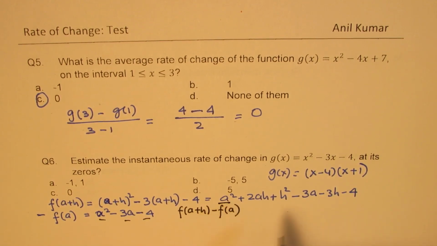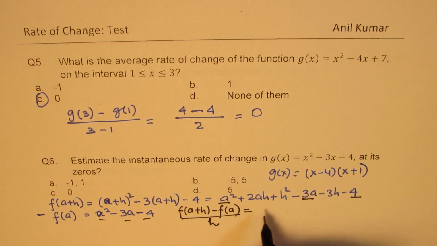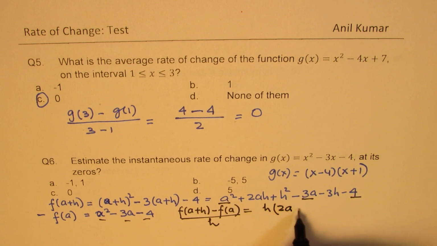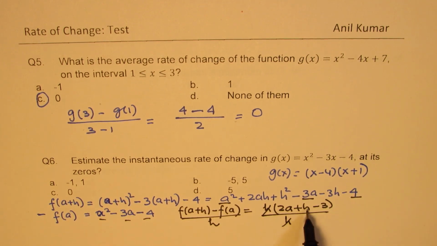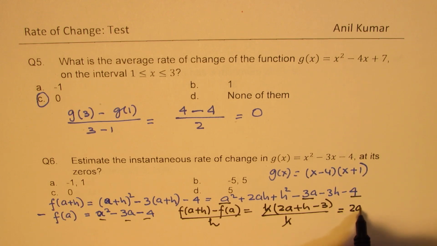So which are basically these 3 terms, right? They will cancel. You're left with the terms which have only h in it. So let's divide this by h also. And then we can take h common, right? So we have 2a plus h minus 3, correct? Over h. So this h and h cancels. Now since h is very small, we get the rate of change as 2a minus 3.